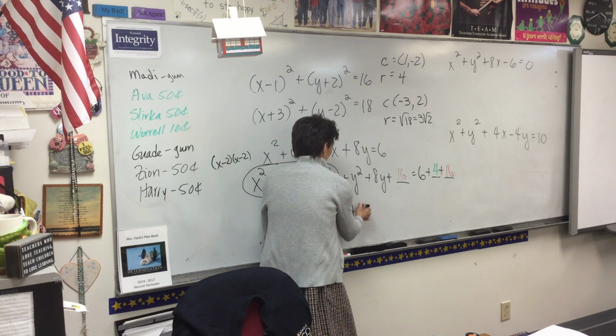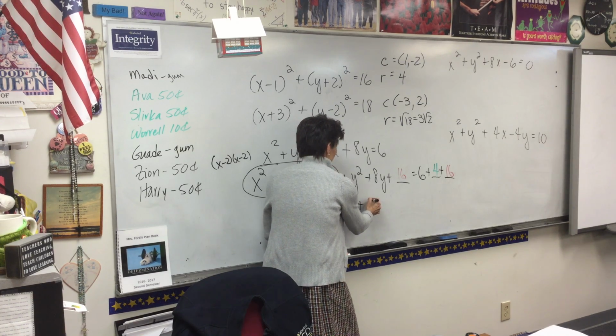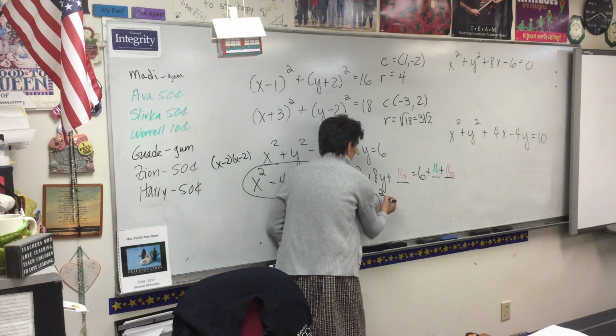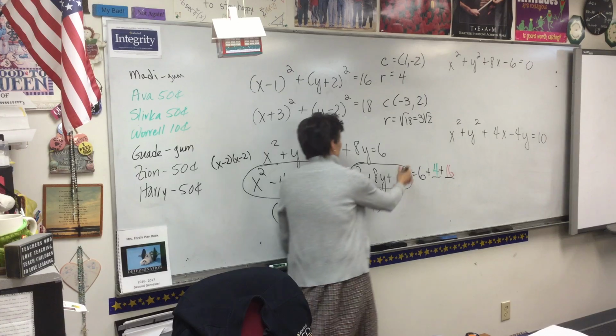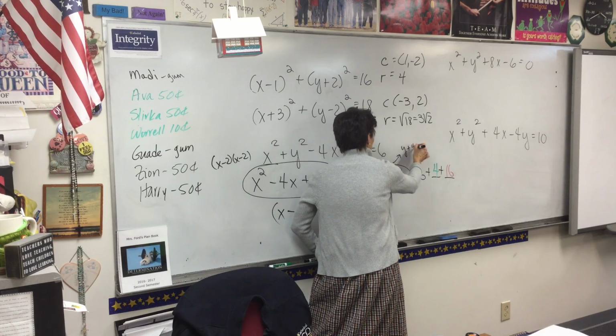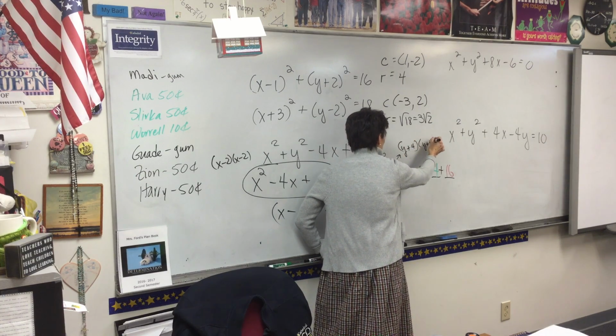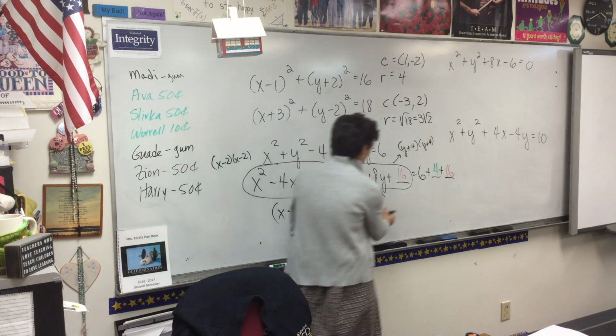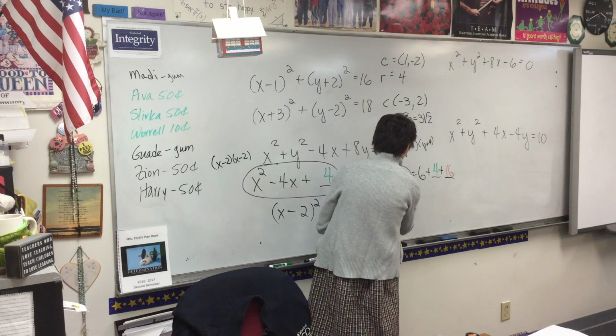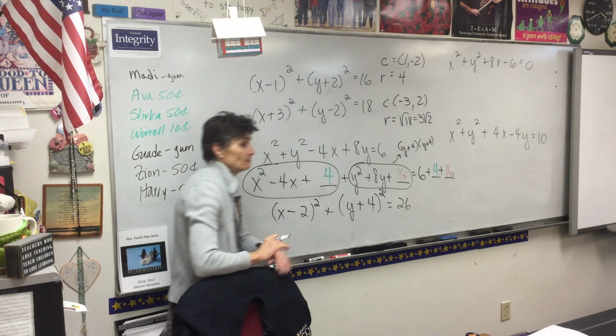Well, y plus 4 squared. This one factors as y plus 4, y plus 4. It's a perfect square. And then it equals 26 when I add all that up.